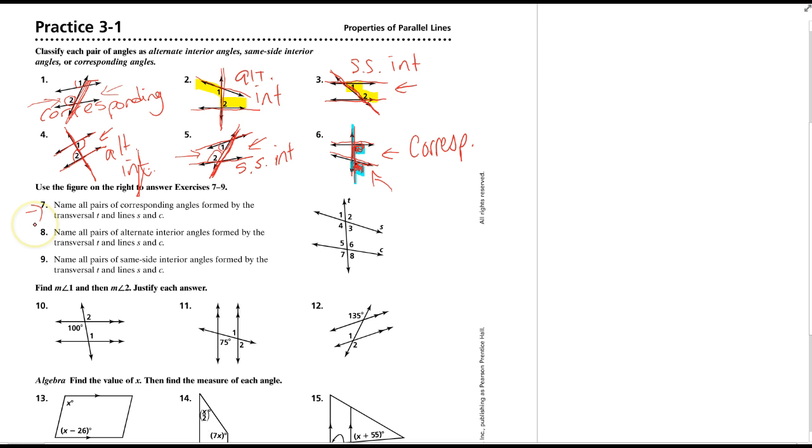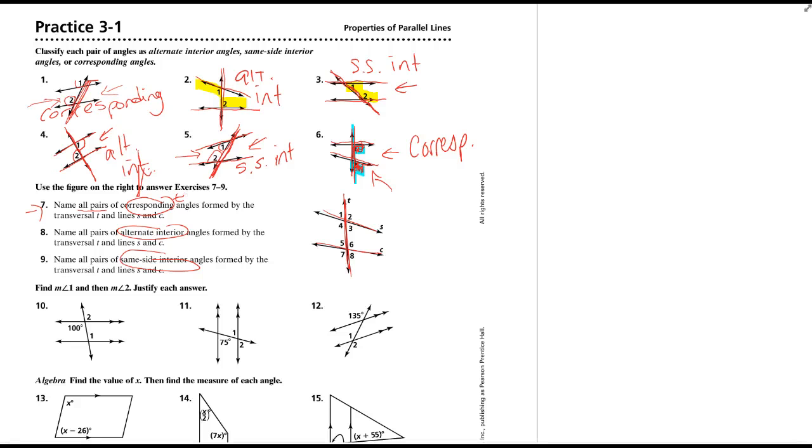Number 7, name all the pairs of corresponding angles formed by the transversal T and the lines S and C. It's okay for S and C to be not parallel. We can still use these terms, corresponding, alternate interior, and same side interior. When we're talking about corresponding angles, we're actually going to have 4 pairs of corresponding angles.